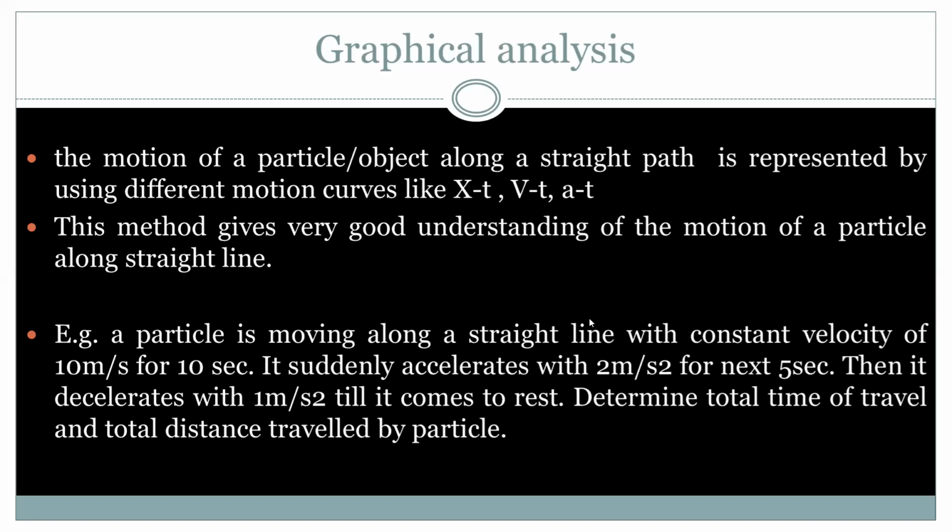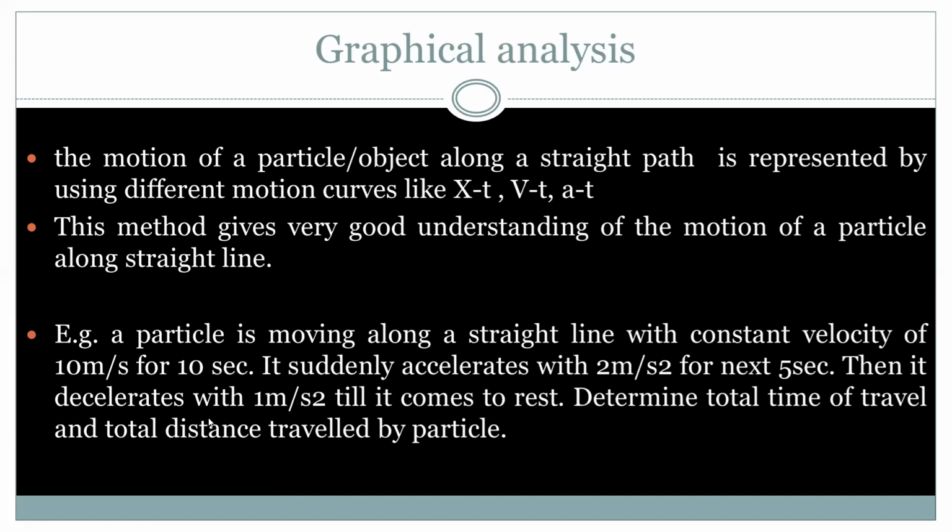Okay, so we can take one example to understand what is the meaning of a graphical analysis. So here you can observe the problem. A particle is moving along a straight line with a constant velocity of 10 meter per second for 10 seconds, and it suddenly accelerates with 2 meter per second square for next 5 seconds.